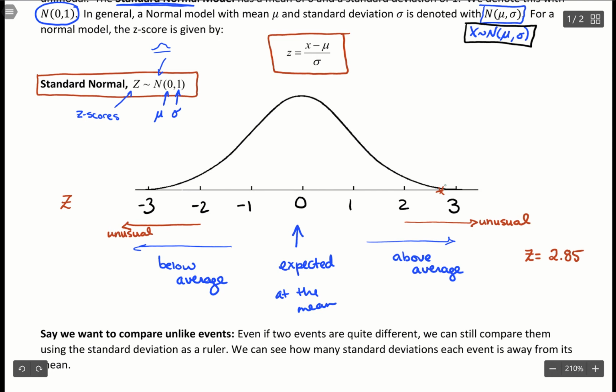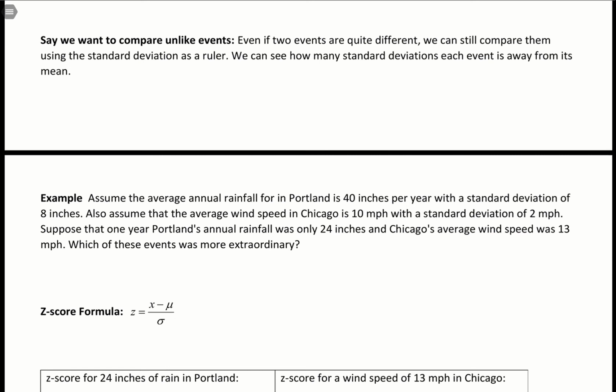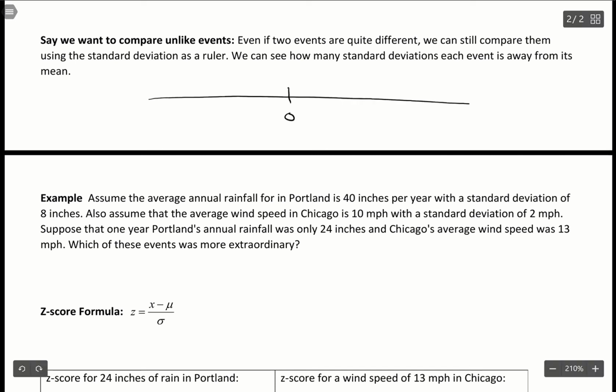Now what we'll do is we'll compare 2 unlike events by using these z-scores. So this can be nice when you have 2 things that operate on a completely different scale and see which was more extreme or what was closer to expected. But what's going to be key is thinking about the scale in terms of z-scores and seeing where we're landing on this number line of using a middle of 0 and then having our whole numbers above and below, and seeing that typically if we land 0 to 2, that's pretty expected.